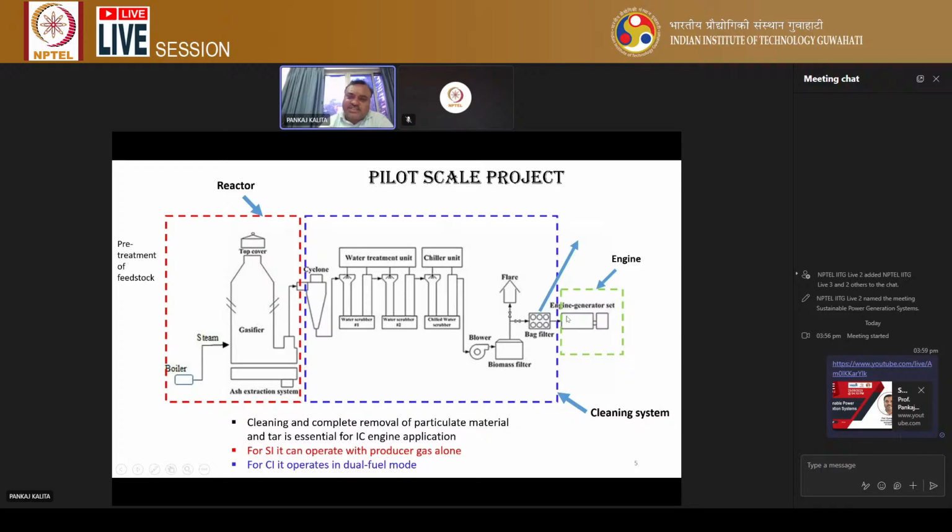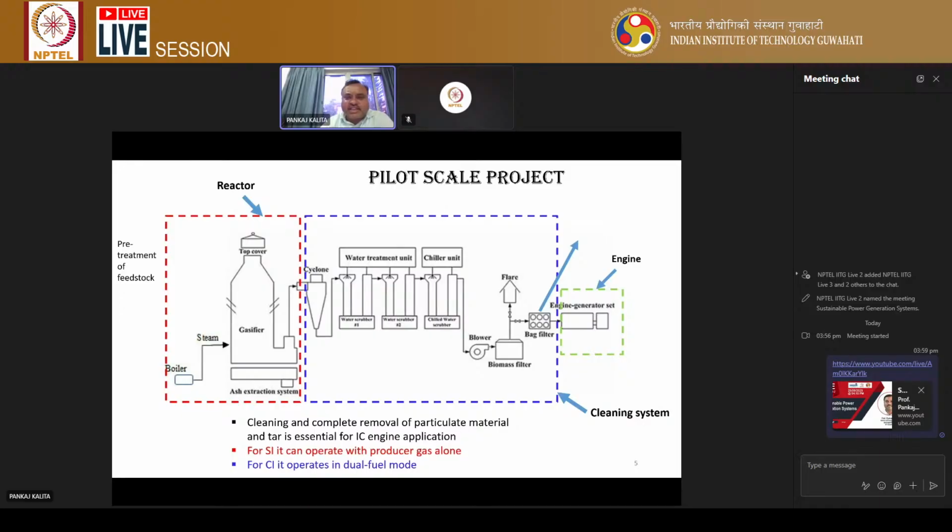Before it goes to the engine, gas bag filters are also attached, because some unwanted particles might be present there, and they have to be cleaned before introducing to the engine. Otherwise, it will impact the engine combustion behavior.